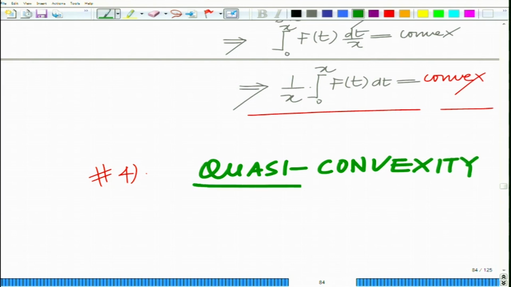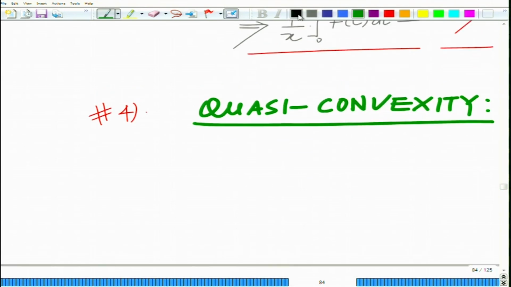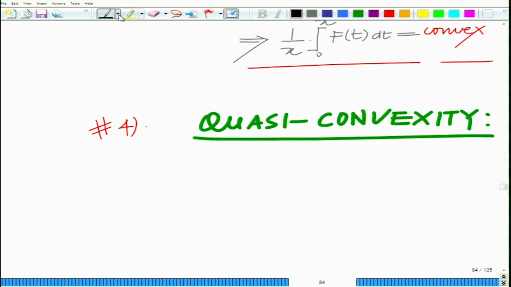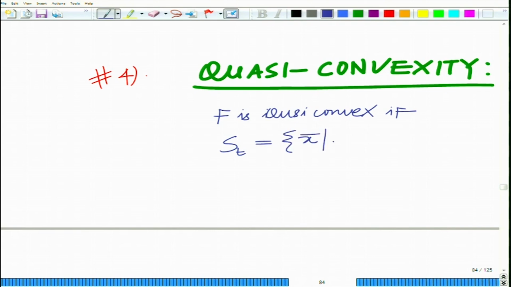We have seen the definition of convexity. Similarly, one can define a set of functions which are quasi convex. Quasi convex basically means, so f is quasi convex if we define the set S of t equals the set of all x bar such that f of x bar is less than or equal to t.